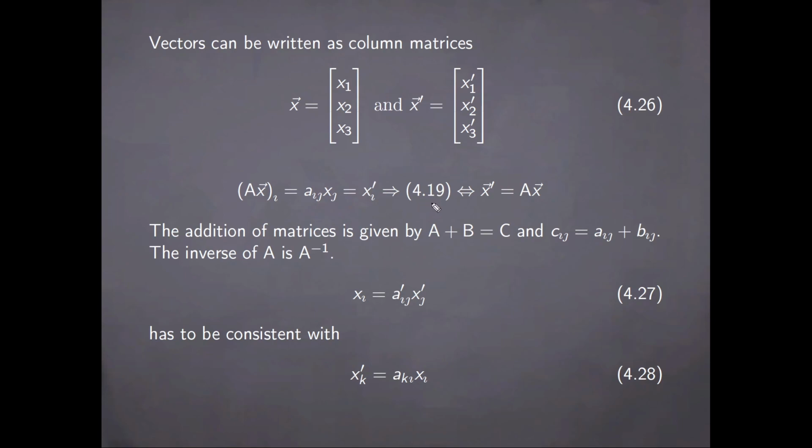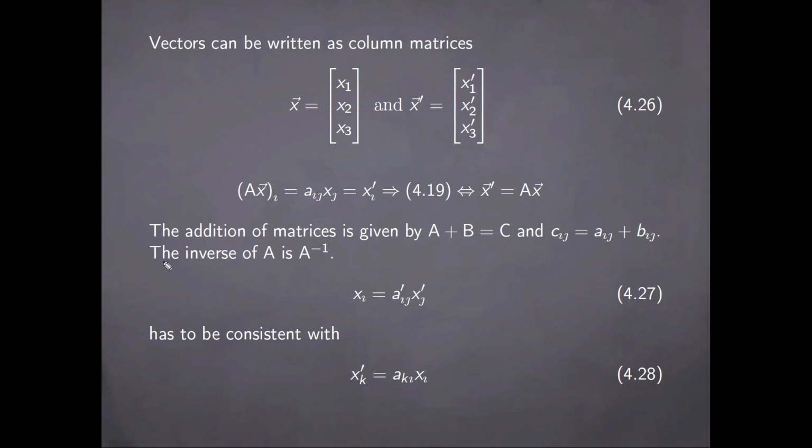So the previous result, equation 4.19, is entirely equivalent with this matrix representation of the transformation and the vectors themselves. The addition of matrices is given by the definition here. There's nothing unusual about it. We have used it already.